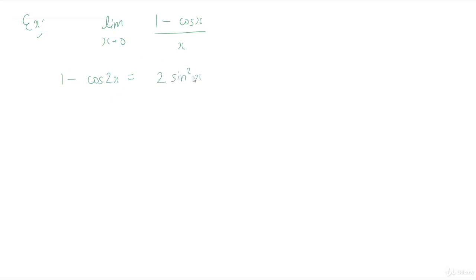If 1 minus cos 2x is equal to 2 sine square x, then 1 minus cos x will be equal to 2 sine square x by 2, as we have just halved the angles here. So let's put this in the question. We will rewrite it as limit x approaches 0 of 2 sine square x by 2 over x.